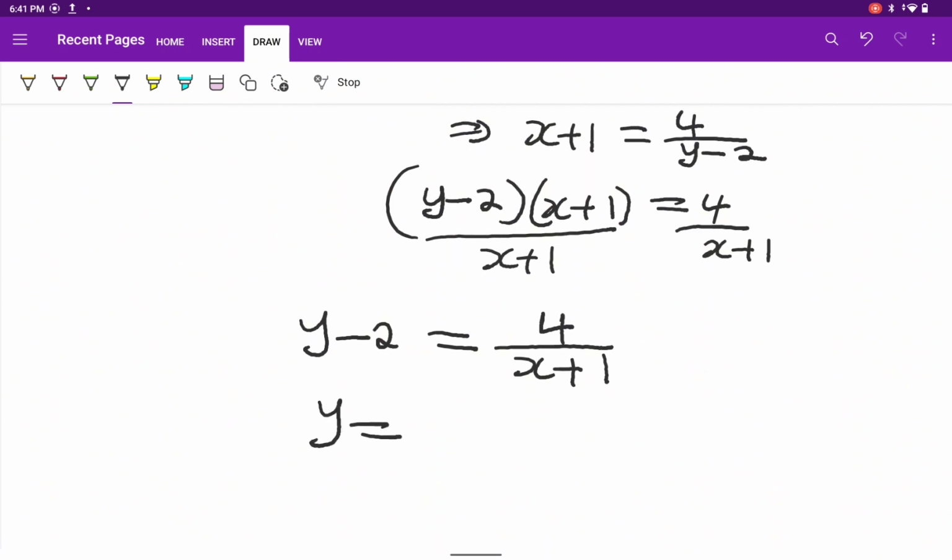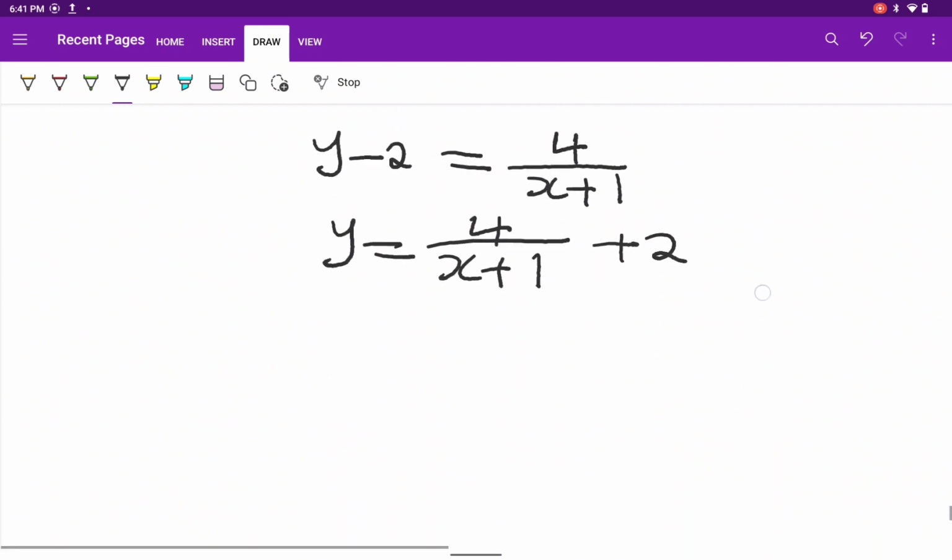So our equation of the inverse will be 4 over x plus 1, then plus 2. Right, so this is the equation of the inverse, or the equation after reflecting the graph by the line y equals x. So we will get that.